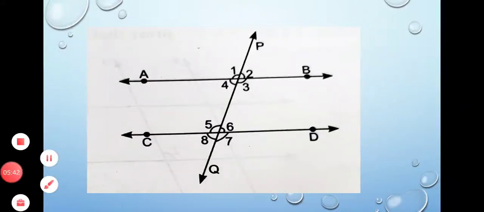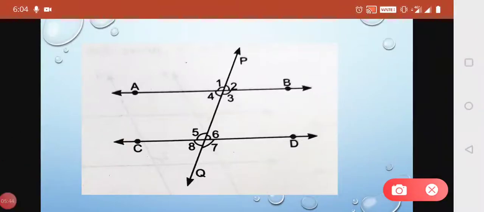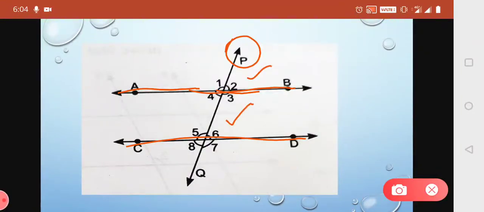In the figure, we can see that when AB is parallel to CD and this P is a transversal, we get one of the pair of corresponding angle as angle 2 and angle 6. So, as both the given lines are parallel, using the corresponding angles axiom, we get angle 2 equal to angle 6.